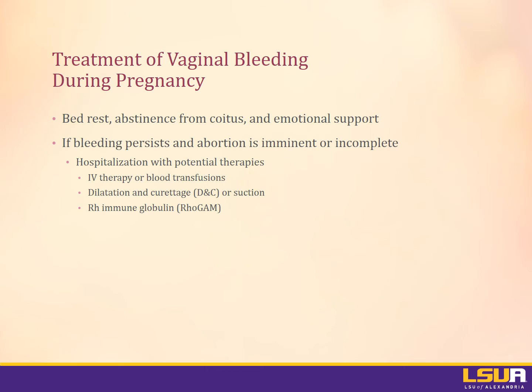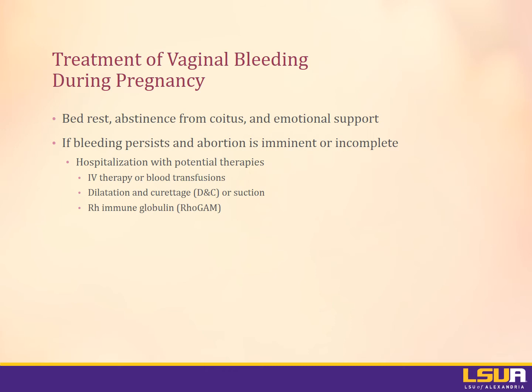So for vaginal bleeding, she has not lost the baby yet. Bed rest, no sex, and much emotional support. We don't know how long she's going to have to be in bed if she's threatening to lose the baby. If bleeding persists and abortion is imminent or incomplete, she's going to be in the hospital.